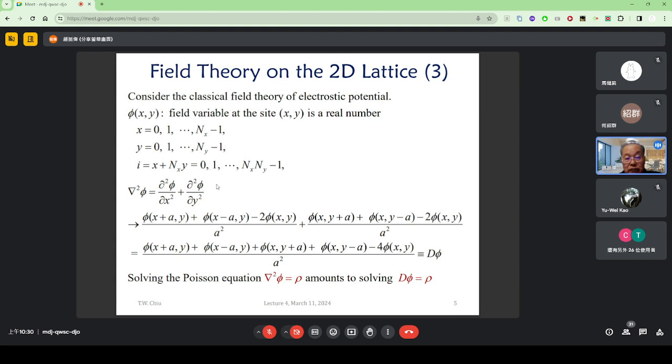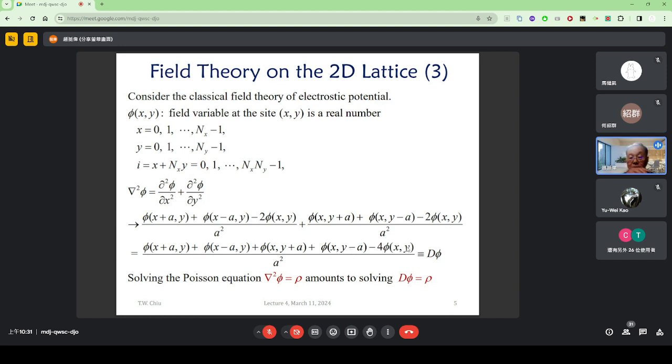Similarly, I can write the second partial derivative of phi with respect to y in this discrete form. So now adding these two terms together, I have the x plus a, x minus a, y plus a, y minus a. So these are the labels of the x and y.